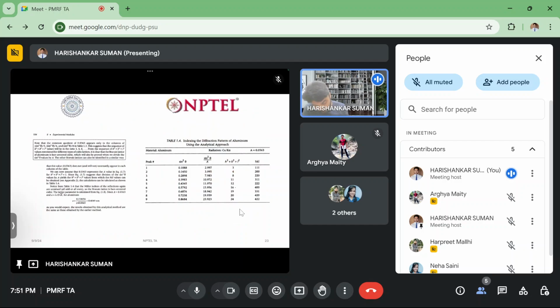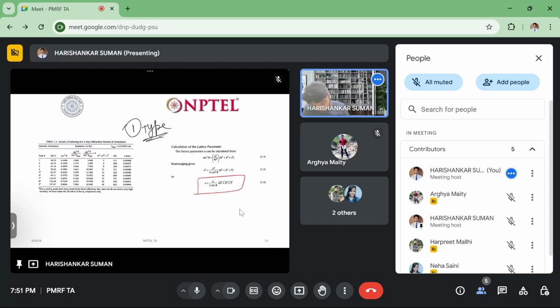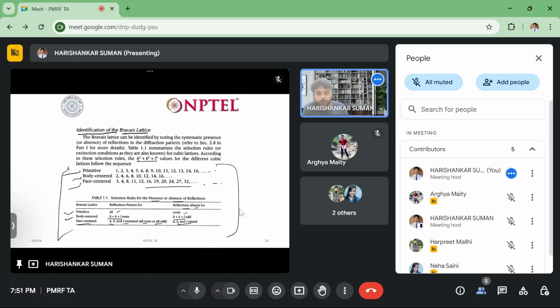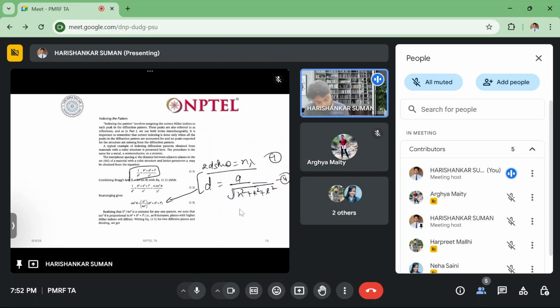So we have to remember these rules. If primitive simple cubic: 1 2 3 4; body center: 2 4 6; face center: 3 4 8. The first value of HKL is 1, and you can relate these formulas.